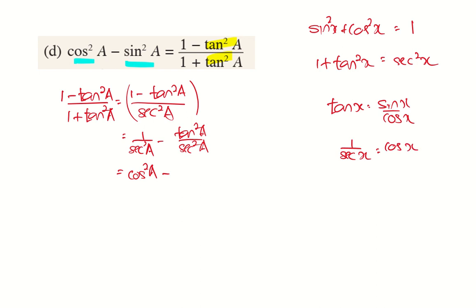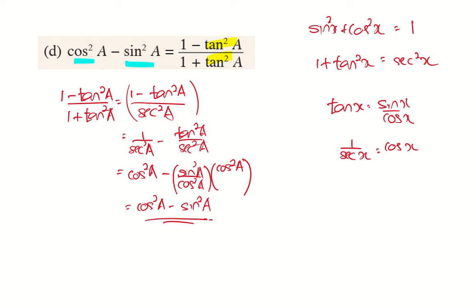So let's change this to sine A over cos A. This one is for tangent. 1 over secant square, let's change it to cos square A. Then what do we have here? Cos square A minus sine square A. Proven.